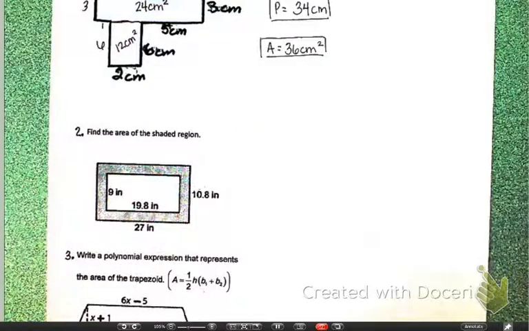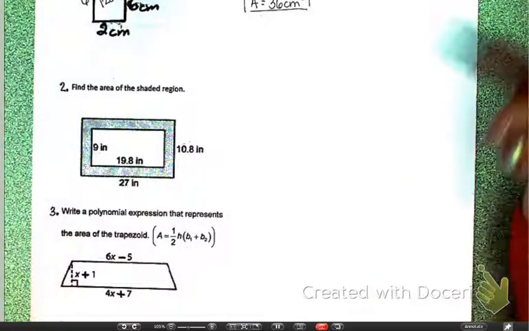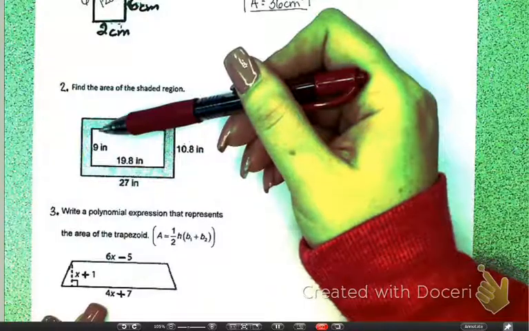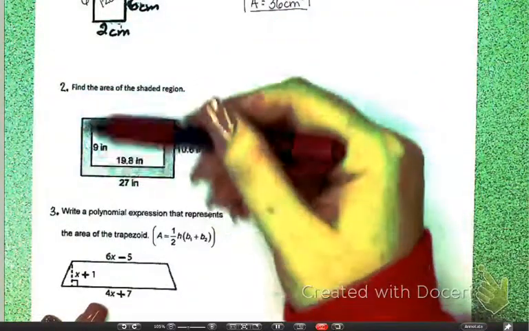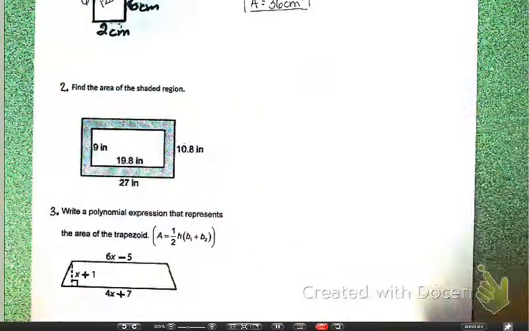Number 2, find the area of the shaded region. So first of all, the shaded region is just this outside piece. So if I find the area of the whole thing, that gives me all of this. I don't want all of that. I just want the outside piece. But let's start there. Let's find the area of the whole rectangle.